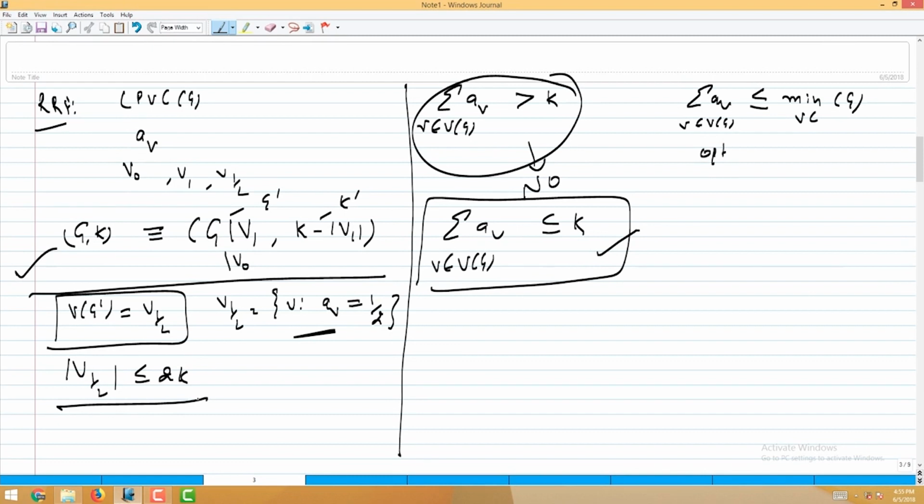So what is left is V half, right? And when we solve the LP, if the LP solution was more than K, we would have said no, the graph can't have a vertex cover. Otherwise, the LP solution is at most K, and then the size of V half cannot be more than 2K. So when I've thrown away V0 and V1, the V half size is at most 2K. This is how we get a kernel.